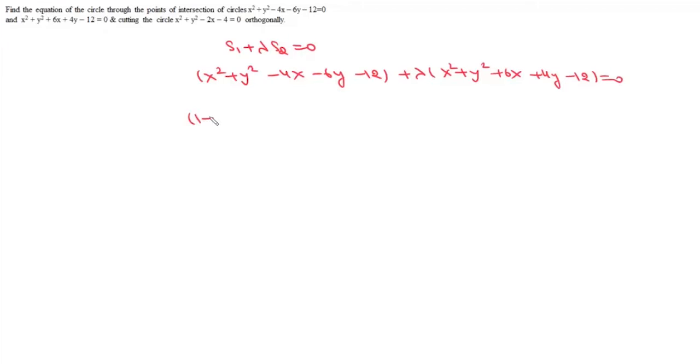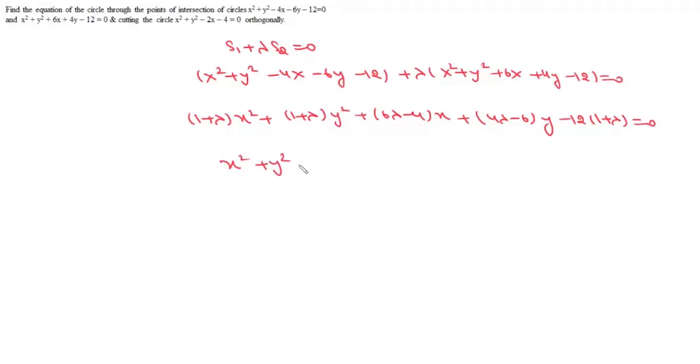So we can write this as 1 plus lambda x square, 1 plus lambda y square, and then plus 6 lambda minus 4 x plus 4 lambda minus 6 y, and then minus 12 times 1 plus lambda equals 0, or we can write this as x square plus y square plus 2 into 3 lambda minus 2 upon lambda plus 1 x plus 2 into 2 lambda minus 3 upon lambda plus 1 y and minus 12 equals 0.